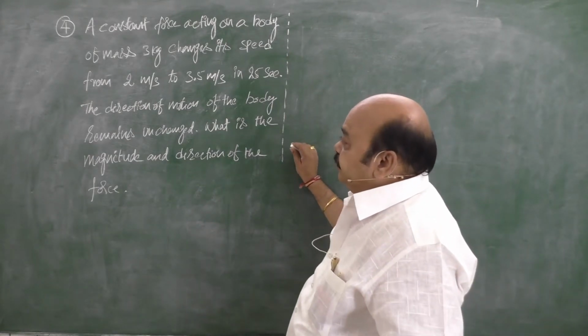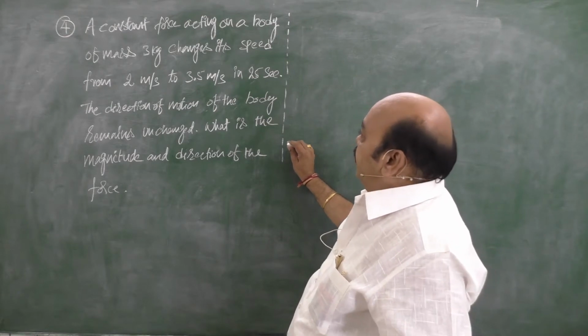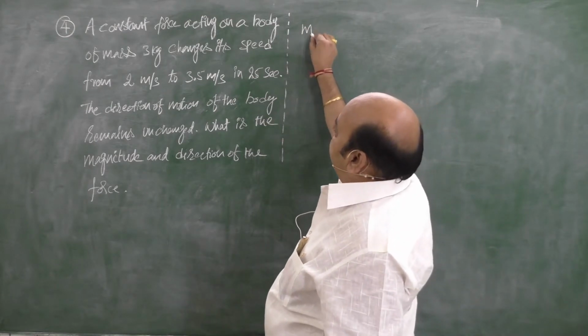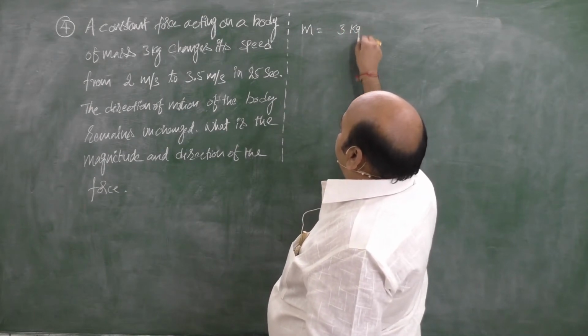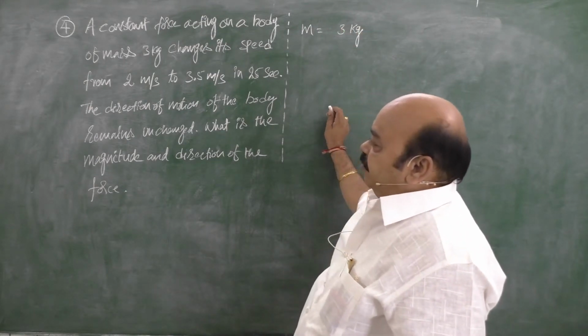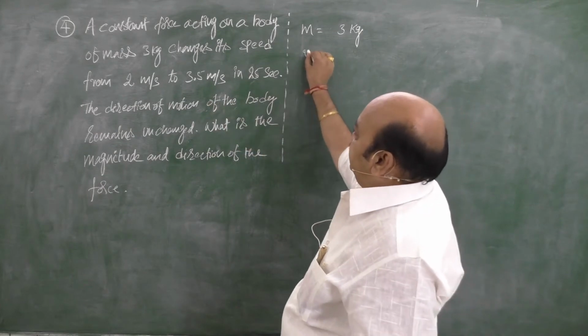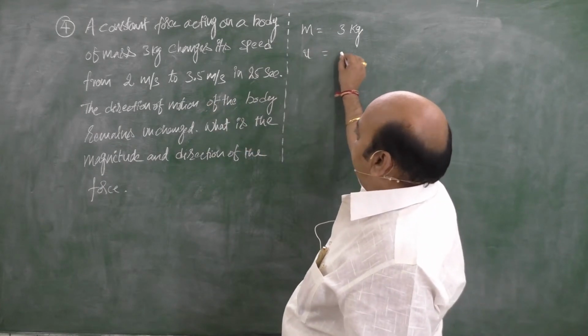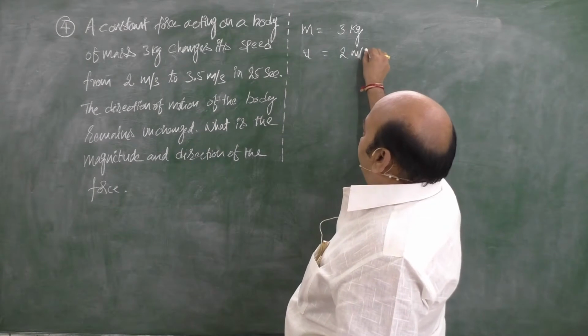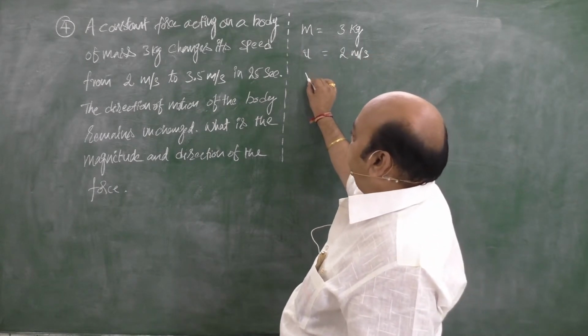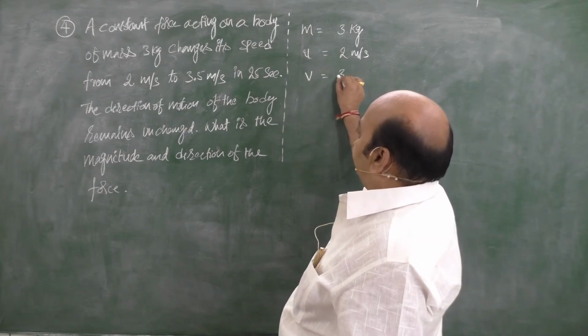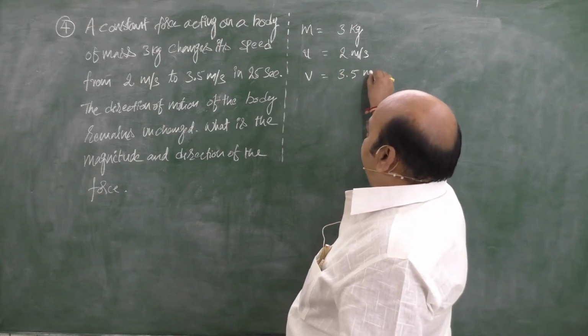In the data given, the mass of the body is given. So, mass m is equal to 3 kg. What is its initial speed? Initial speed u is equal to 2 meter per second. What is its final speed? v is equal to 3.5 meter per second.